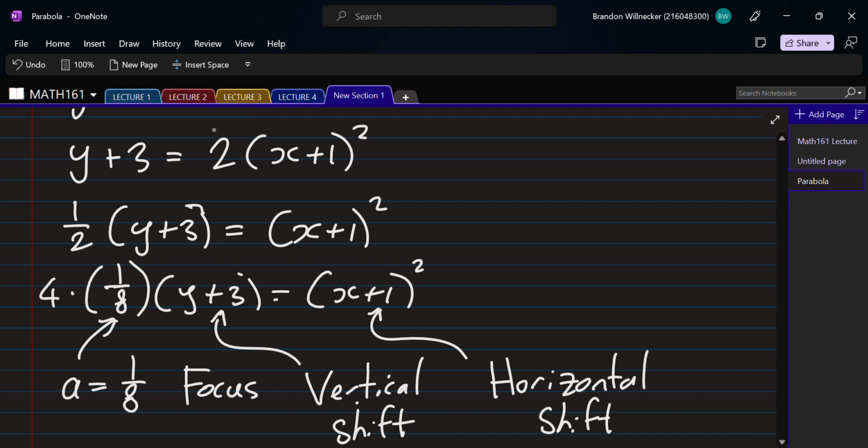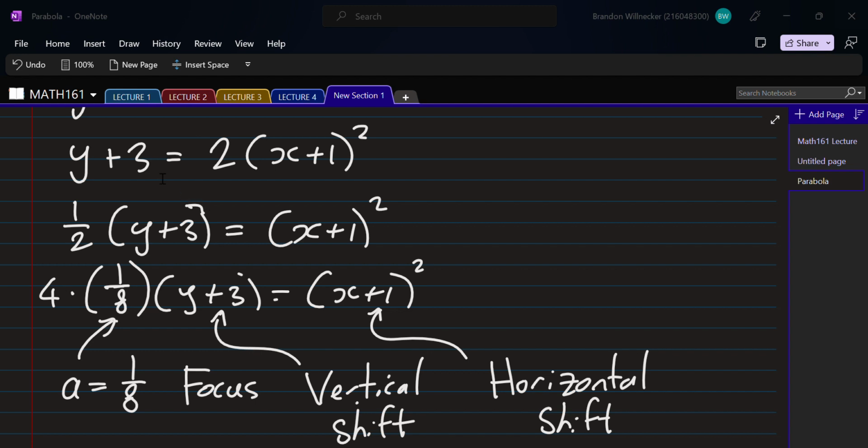Okay, let's go back to Desmos and see what we get. Let's clear this. We will put in our original formula: y equals 2x squared plus 4x minus 1. We get this parabola here.